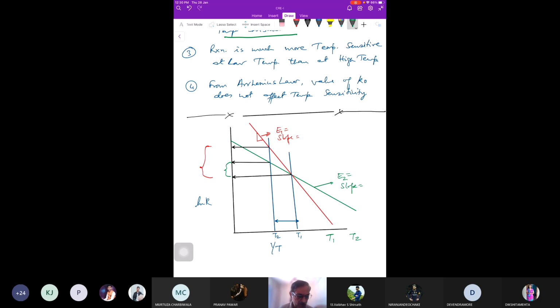Which one is bigger, which one is smaller? T2 is bigger. Why? Sorry, T1 is smaller and T2 is bigger, because you are taking 1 upon T. Okay?